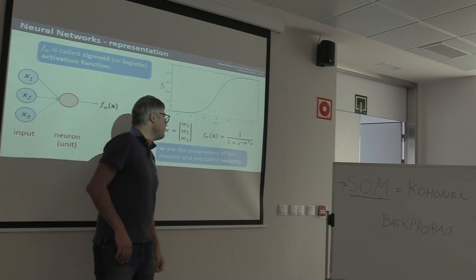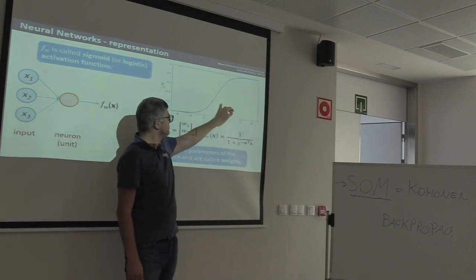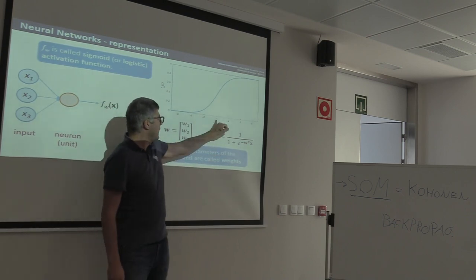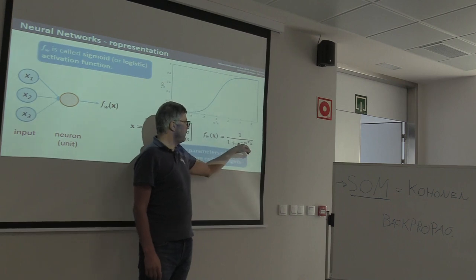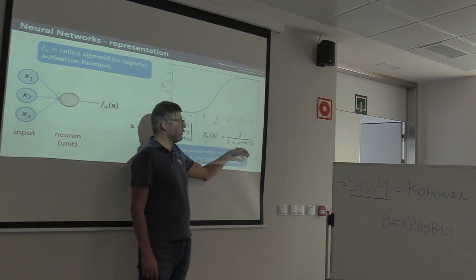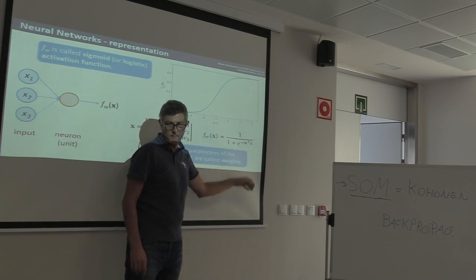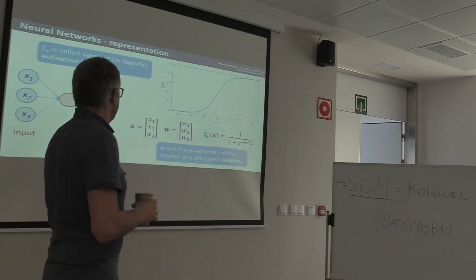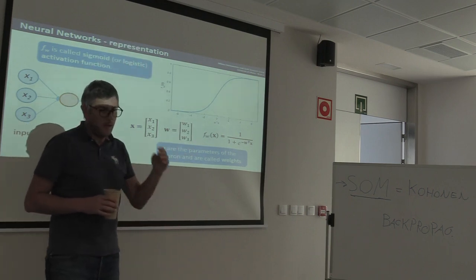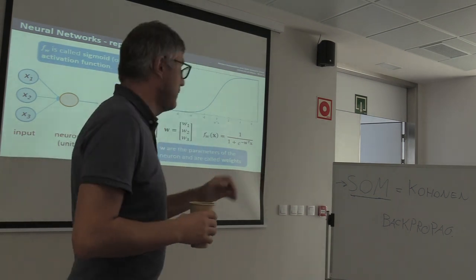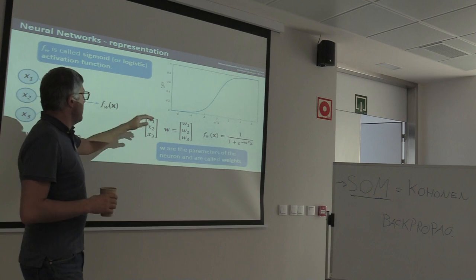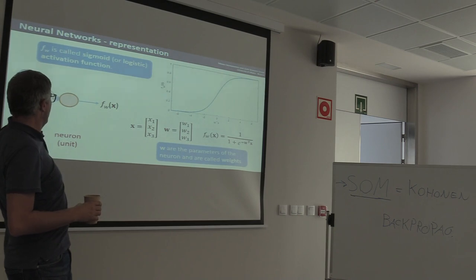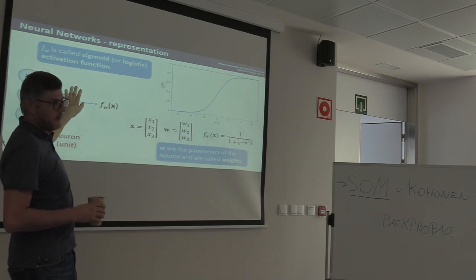And this is the logistic function. Can you see, when the linear combination is equal to 0, then this is equal to 0.5. So we have some weights that, with a linear combination and then with this transformation, govern the input of the information in the neuron.